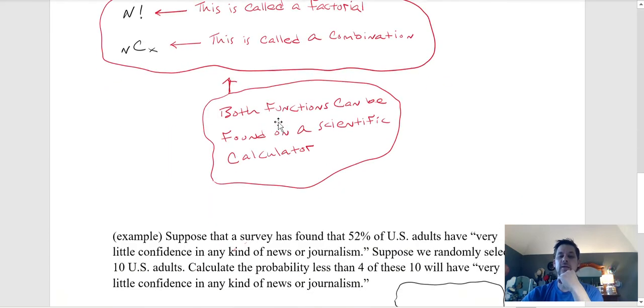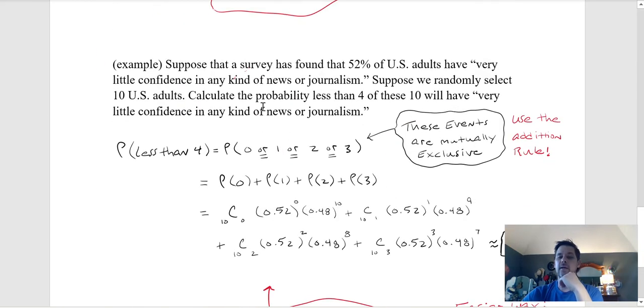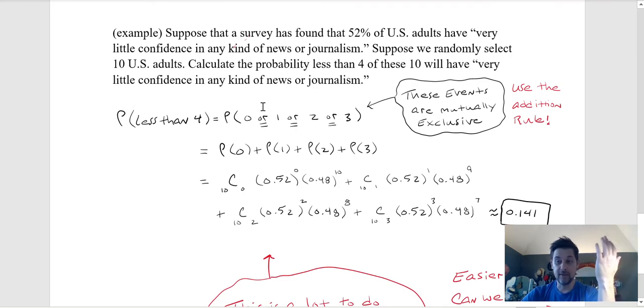Now, let's look at one more example, and then we are going to find an easier way to do this. I think everybody should know how to do things the most basic way. I'm not saying you have to do it that way, but you should know how. So I'm going to do this one in the most basic way with my handheld calculator, and then we'll find something easier.